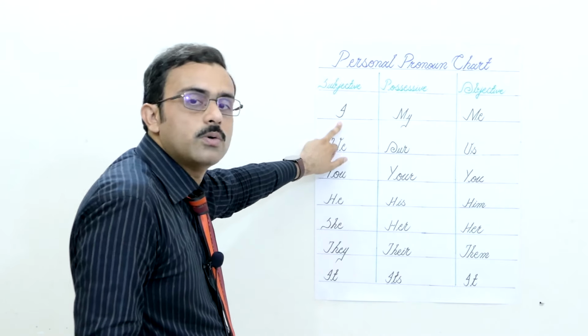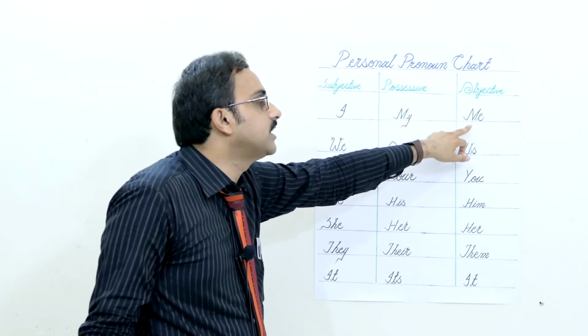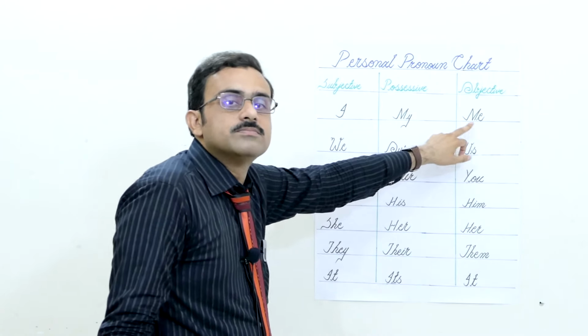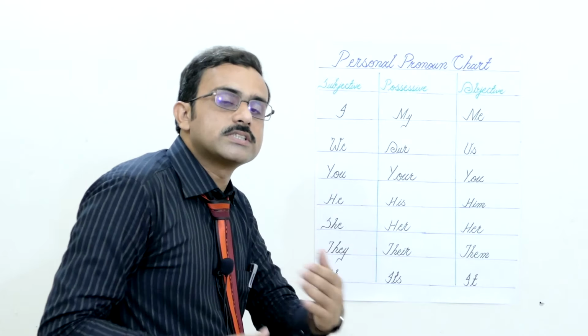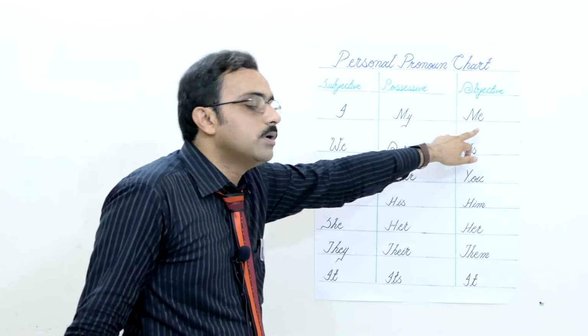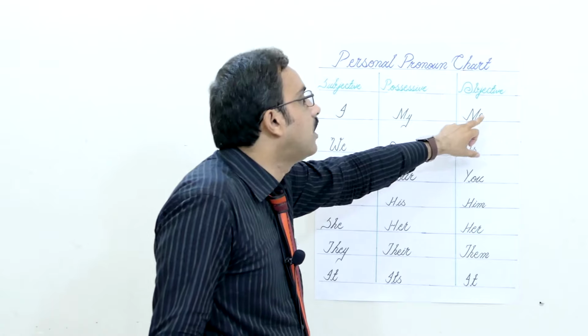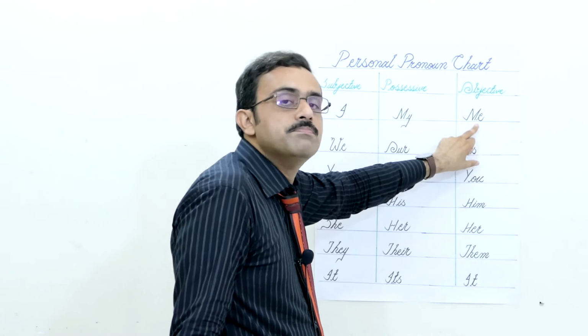First person pronoun I, subjective case, changes into objective case me. When we discuss some examples, you will see that the subjective case I changes into the objective case me.